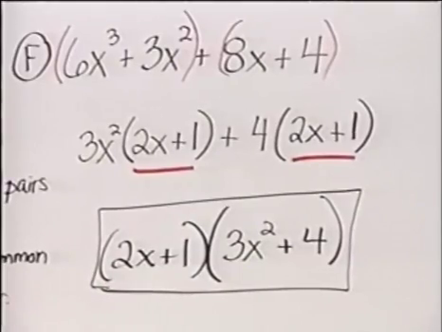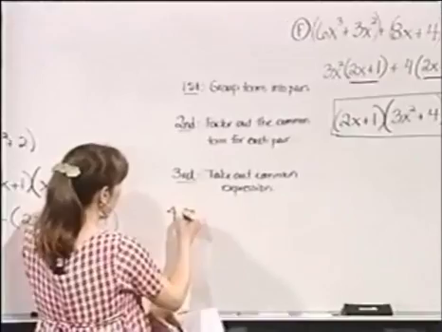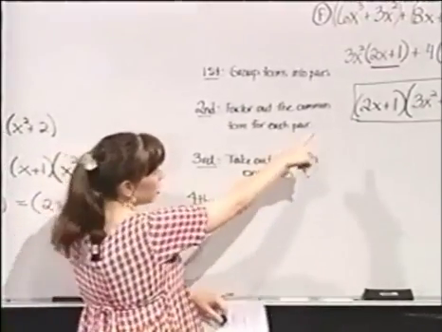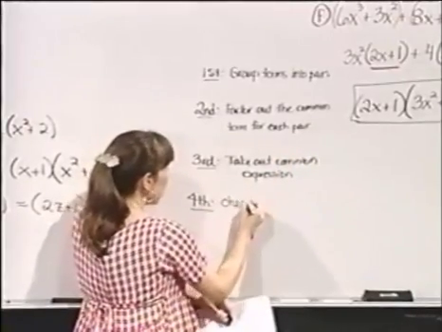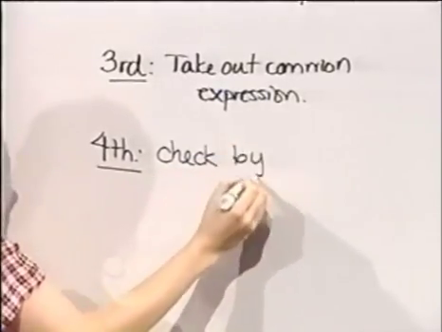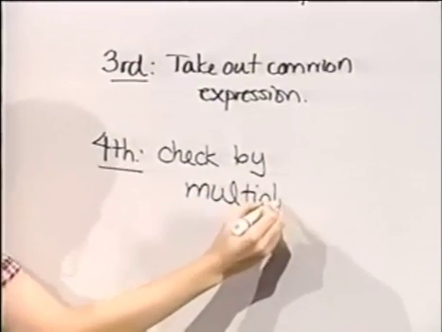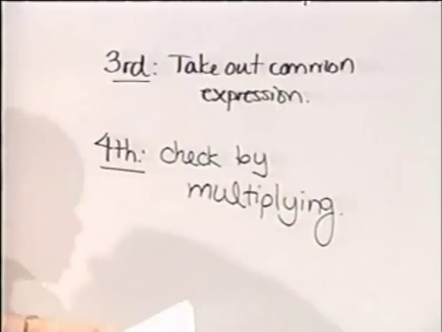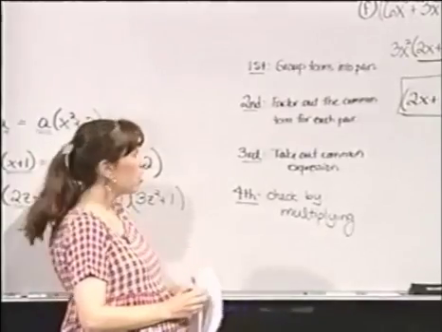And the final thing that you should do, which is the fourth step in factoring by grouping, is check your result by multiplying. Check your final result by multiplying to make sure you've done it correctly.